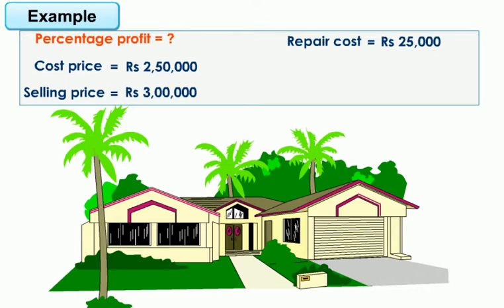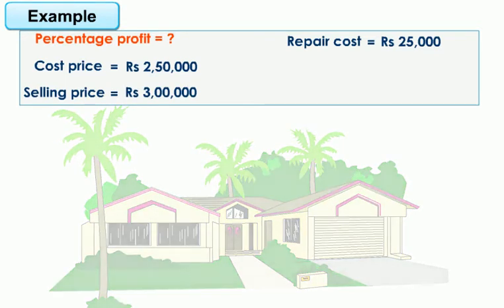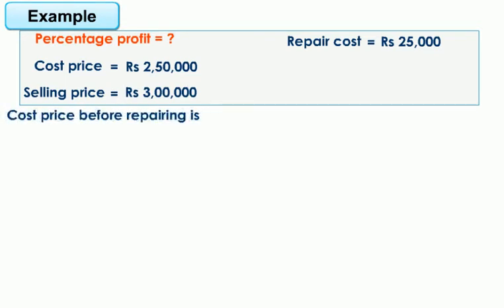Here is the solution. Students, the cost price of the house before repairing is rupees 2,50,000. But he spent rupees 25,000 for repairing the house.